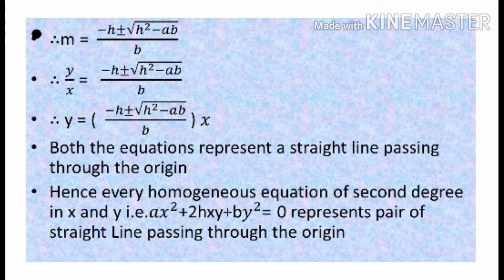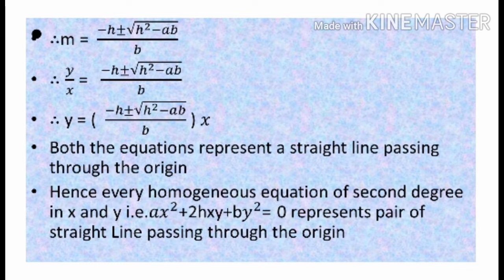For the plus sign we get one value of m, and for the minus sign we get the other value of m. Therefore two values of m, and hence there are two lines also. Therefore both the equations represent the lines passing through the origin.